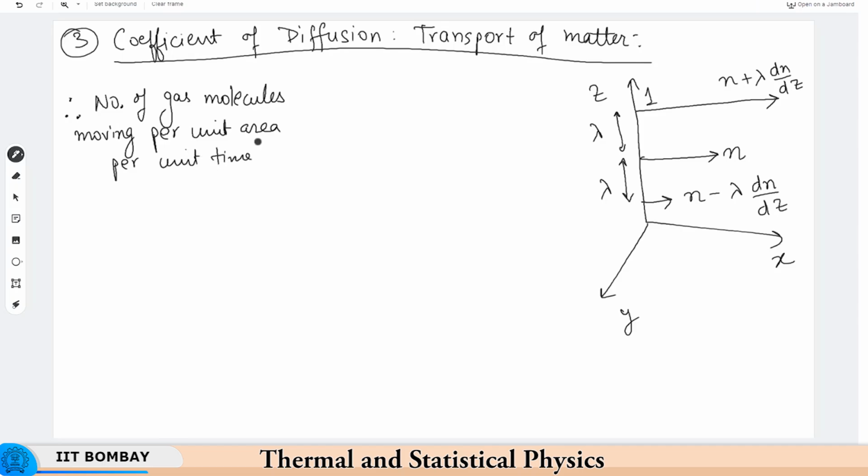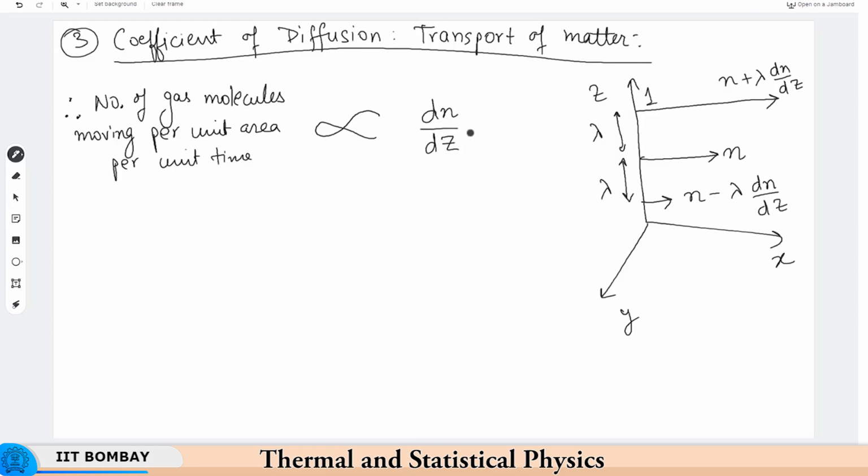Okay. So, the gas molecules passing through space per unit area per unit time, which is the diffusion, which leads to the net transfer of these gas molecules, will be proportional to the magnitude of the density gradient, dn by dz.